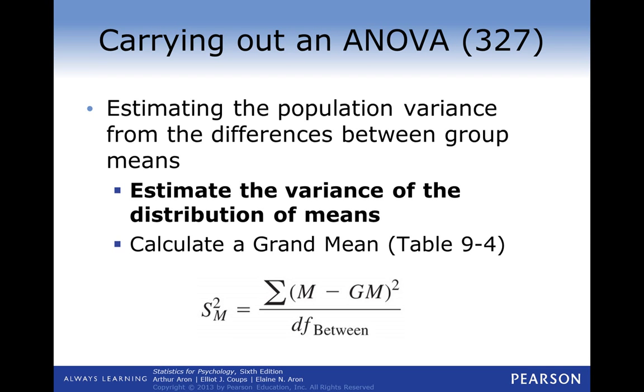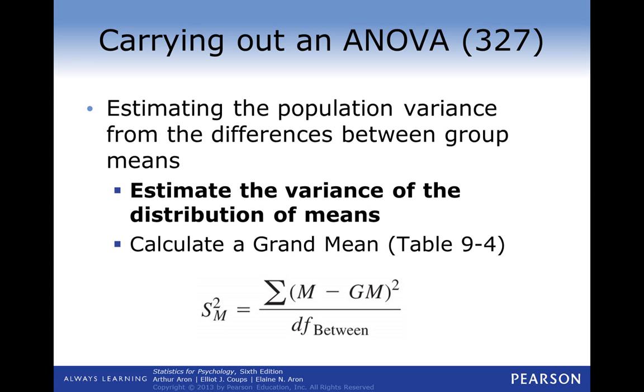We do not know their population variance, and so we have to estimate their population variance from our group variance. We are going to use that information to come up with our variance for between. So this symbol is the variance for the distribution of the mean, and it is an estimated variance for the distribution of the mean.